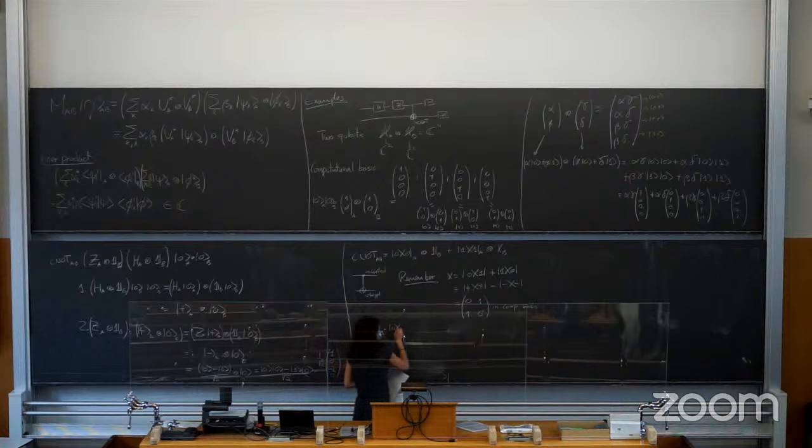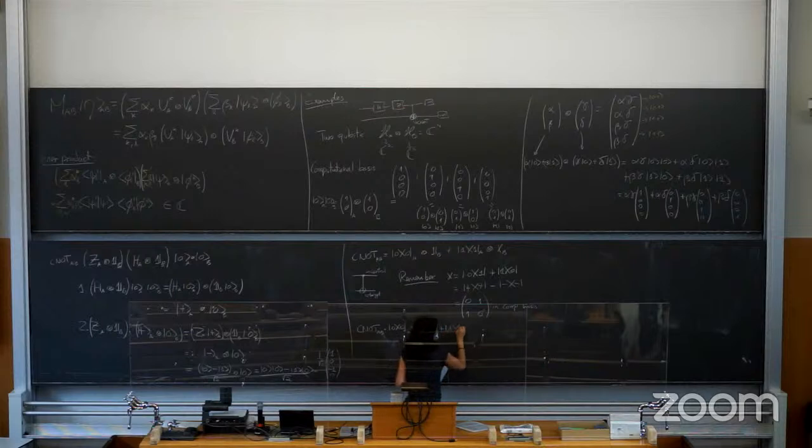So what is it? 0, 0 on A tensor identity. The identity is this one. I put the subscript here so we keep track.